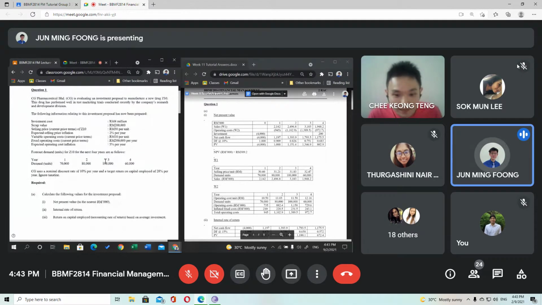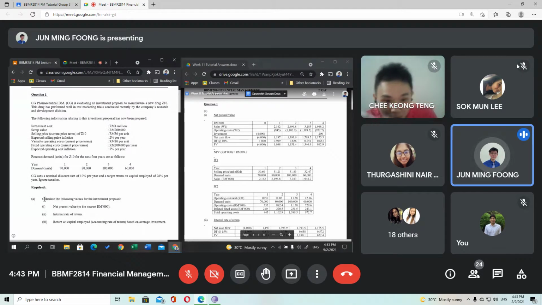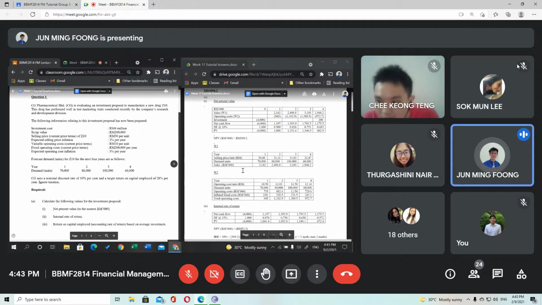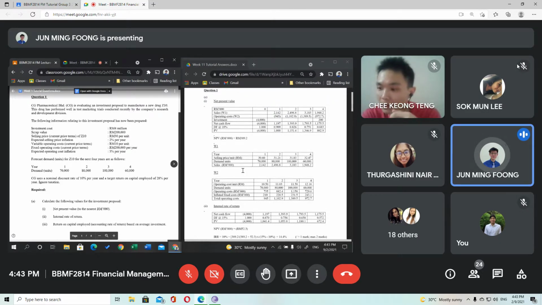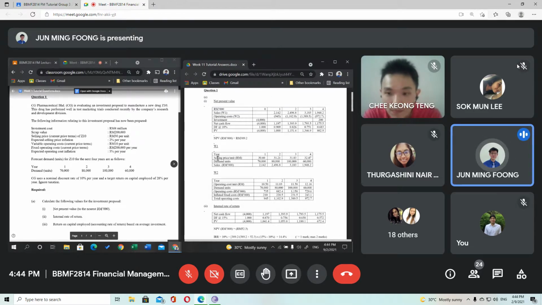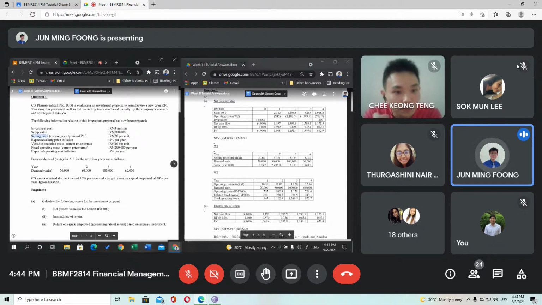Okay, so for question 1, I will be presenting part 1. The question is asking to find the net present value. So based on the question, we need to construct the NPV table and calculate the NPV. Looking at the working here, based on the selling price, we need to calculate the sales by using the information from the question: selling price of 30 ringgit per unit.